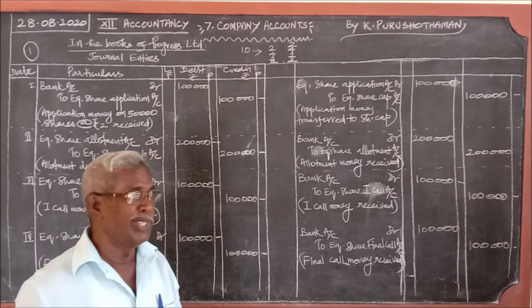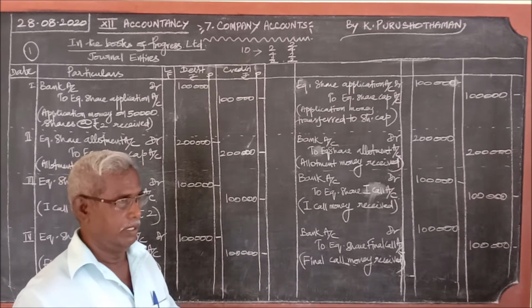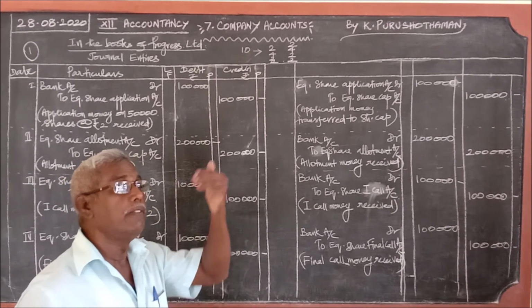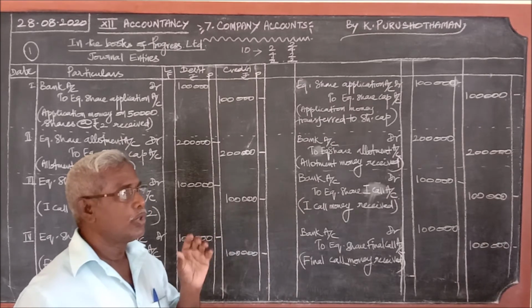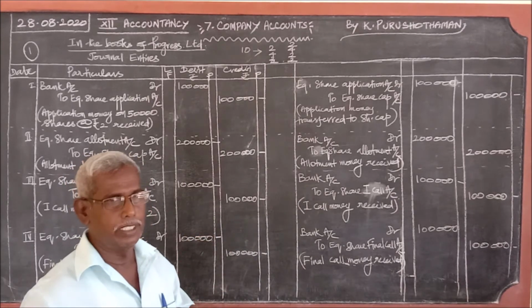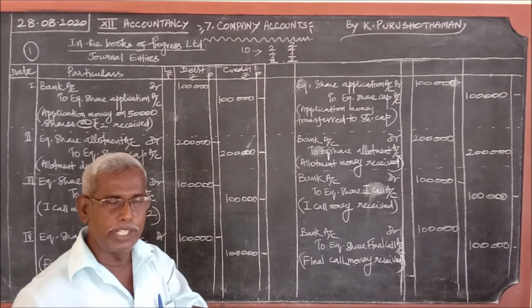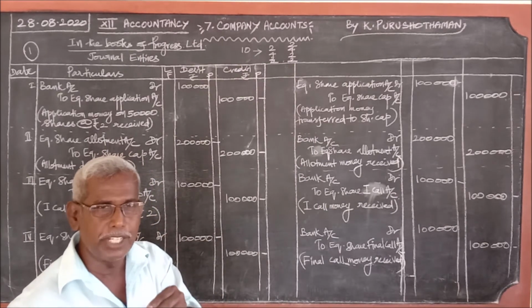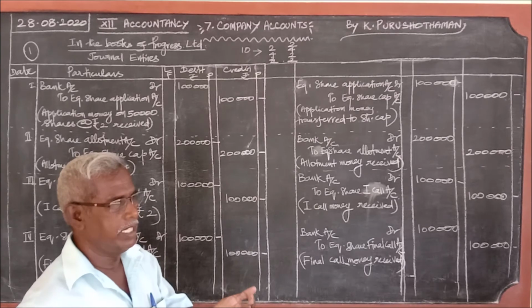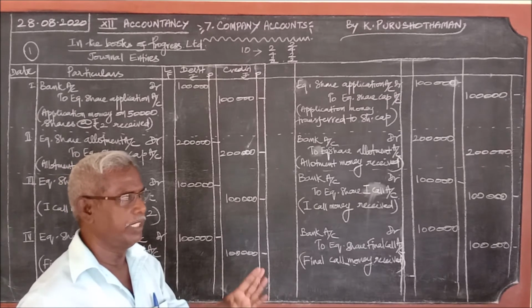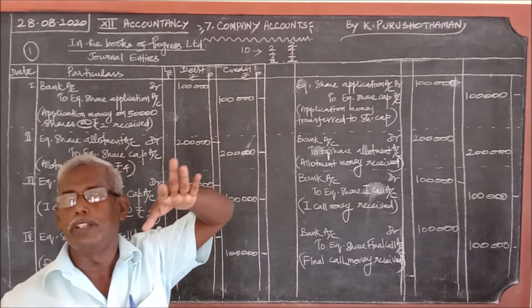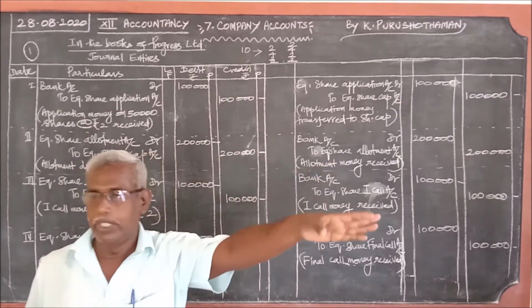When you apply for the number of shares, you should fill up the application. Along with the application, you should pay the application money, either in the form of demand draft or check, whatever the form it is, or the account number may be given by the company, you can transfer the fund to the company.